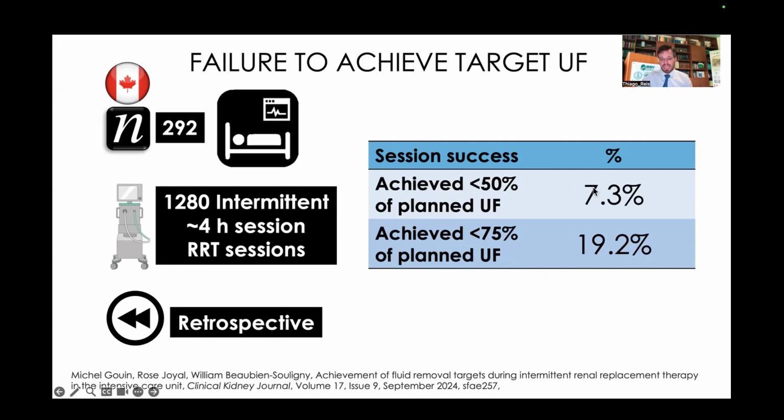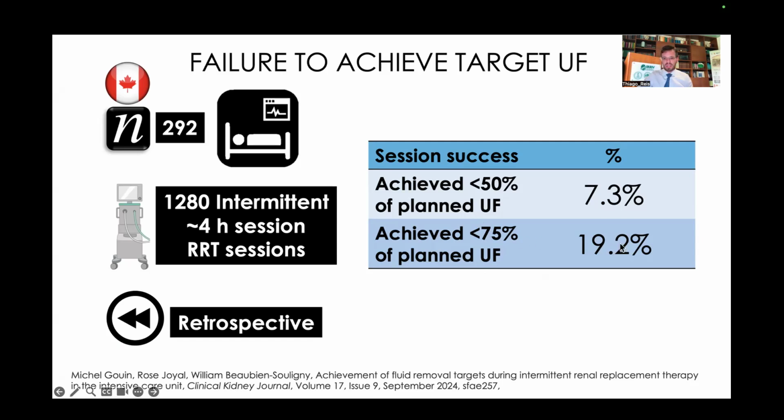First, if less than 50% of the planned amount of fluid was removed, this occurred in 7% of the sessions. So in 7% of the sessions, less than 50% of the planned fluid was removed due to various reasons.